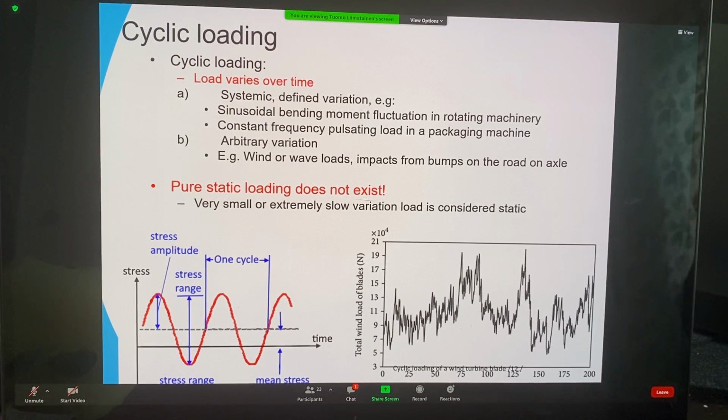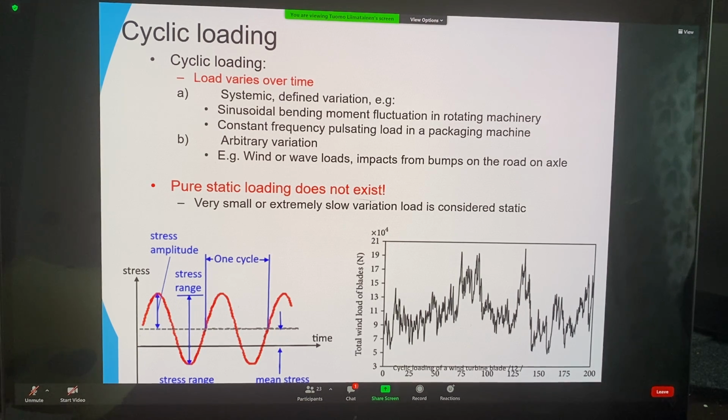It's just arbitrary. What is important to understand about the loadings is that in the universe there is no such thing as a pure static loading. In essence, if we go into the most precise understanding of things, all loads vary at least to some extent. Just that in engineering we tend to take very small or extremely slow variations as static.